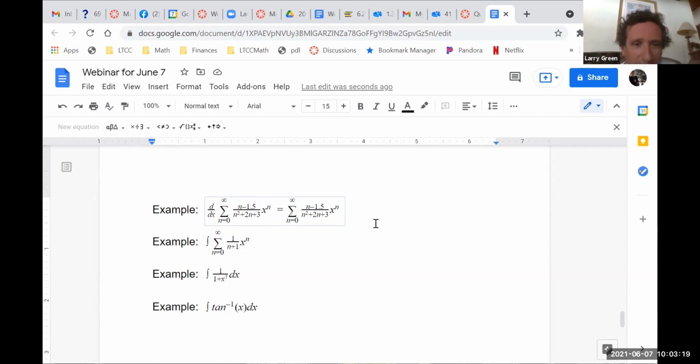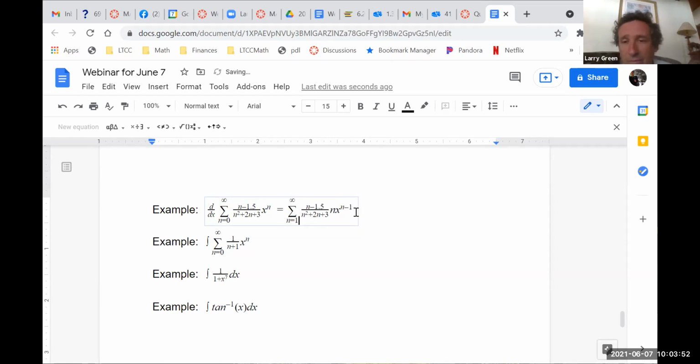What's the derivative of x to the n? It's even easier to type. So what's the derivative of x to the n? It's x to the n minus 1. So I just say n x to the n minus 1. And then one more little thing I have to change, and what is that? n equals 1.